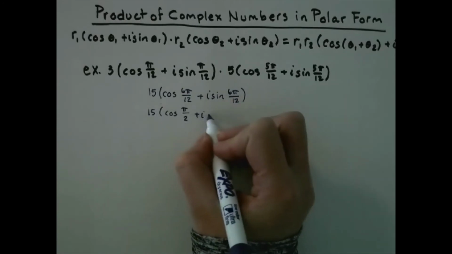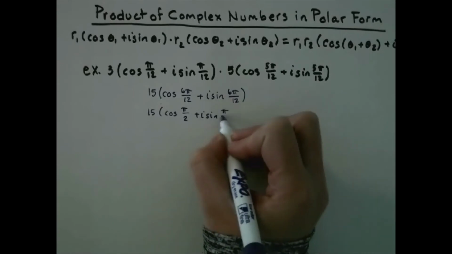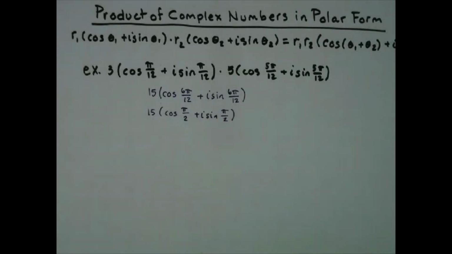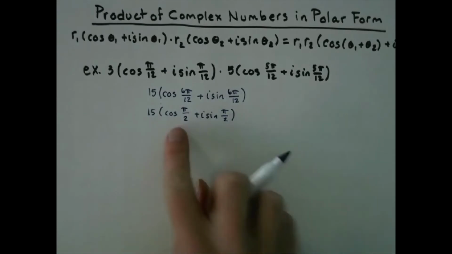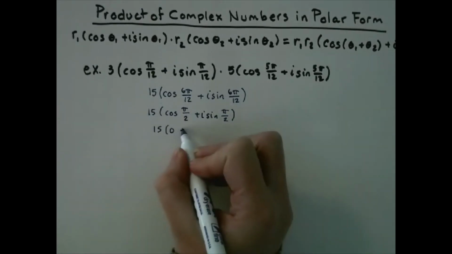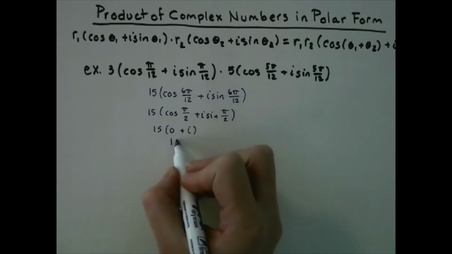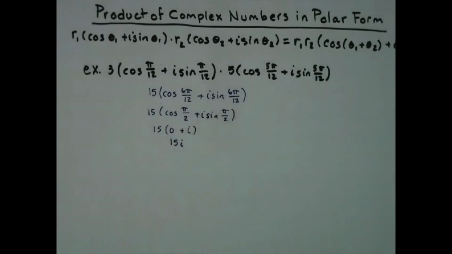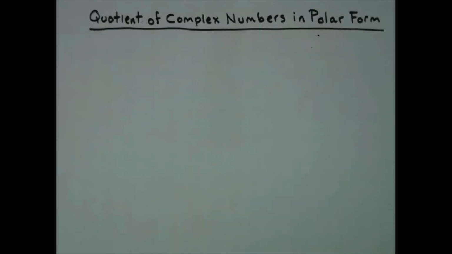So that'll be pi over 2. Then we evaluate. The cosine value at pi over 2 is 0. The sine value is 1. So this is going to be 15i as our final answer.